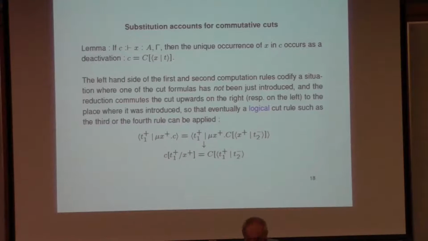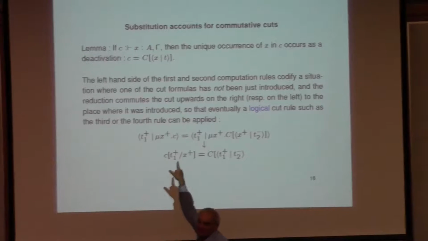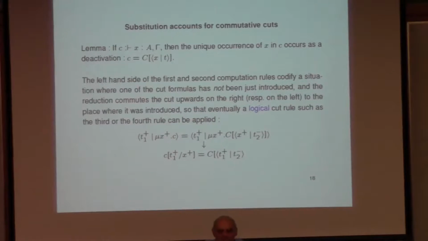So now the lemma says that this occurrence of x in C is always of the form x cut with some term t as a subterm. Okay, so C is a big term that contains a subterm of the form x cut with t. And this x cut with t corresponds exactly to the syntactic transcription of the moment where this A was active, where this A was actually introduced.